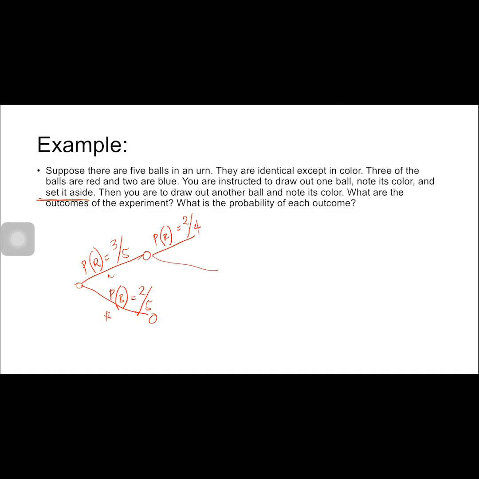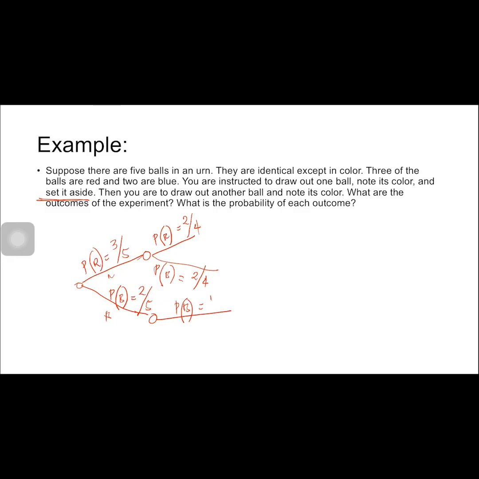Okay. Let us say, what is the probability of getting a blue ball if the first ball drawn is red? Okay, so this will be, how many blue balls do we have? 2 out of 4. Okay, so here, what is the probability of getting another blue ball if the first ball drawn is blue?